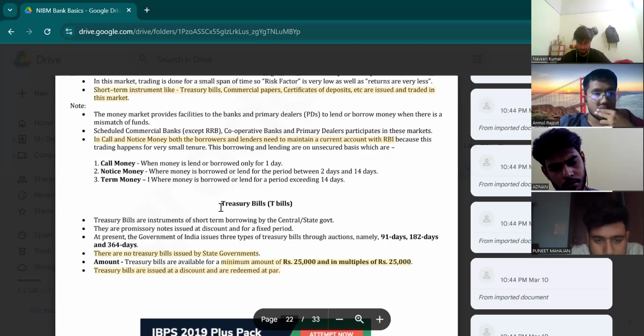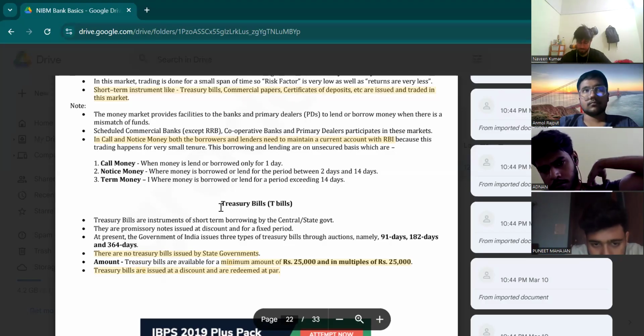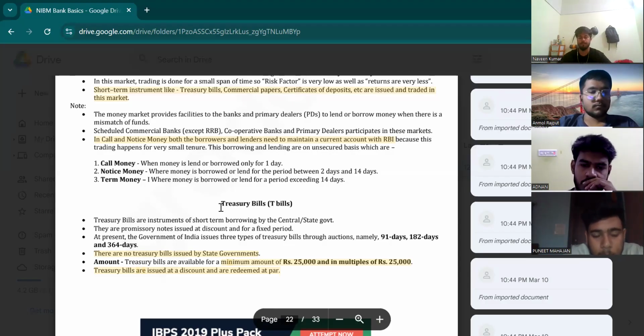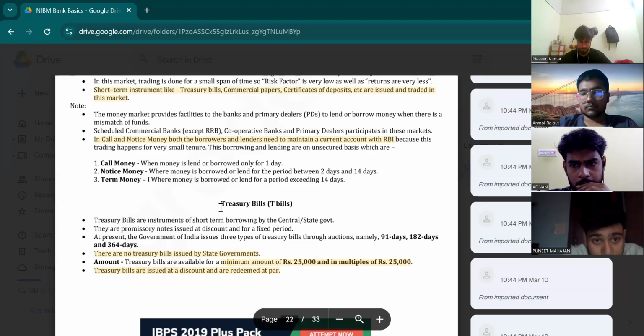After 182 days from today, when it comes to maturity, you will get 100 rupees back. So what did you earn? 5 rupees. Otherwise, people go to the bank and do a 1 year FD.